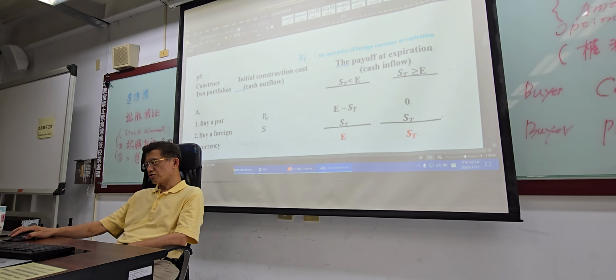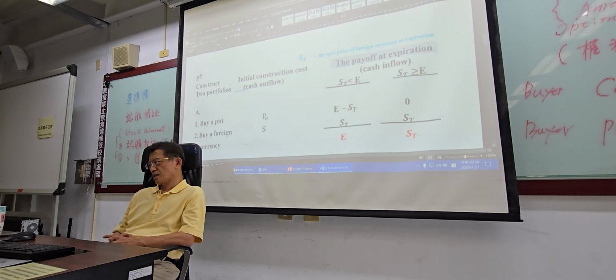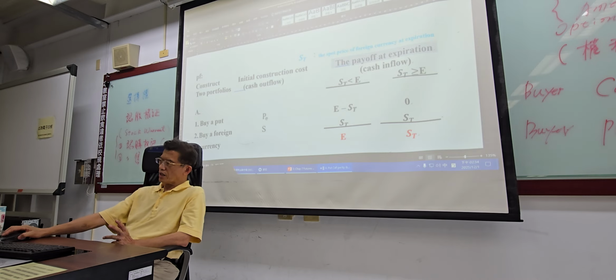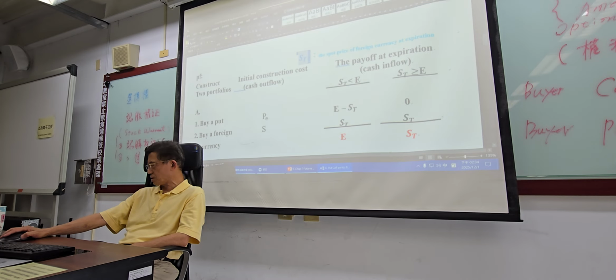Now we are going to check the payoff at the expiration, the overall profit and loss at the expiration date, okay? Here we introduce a new parameter, capital S sub capital T.